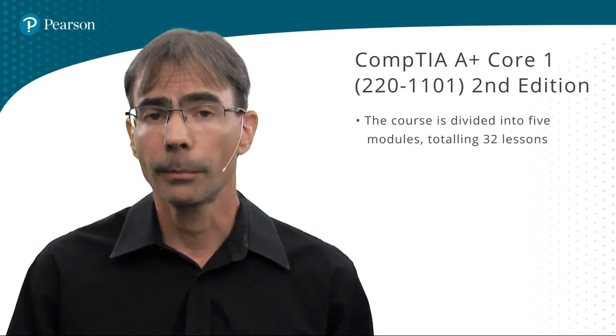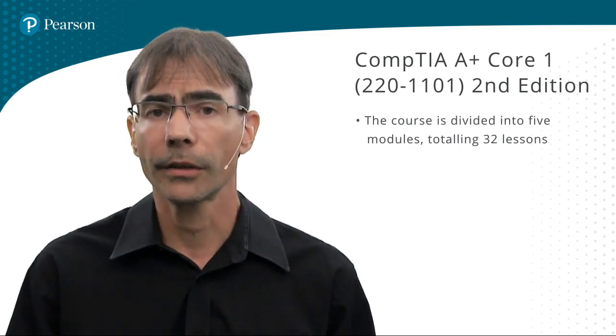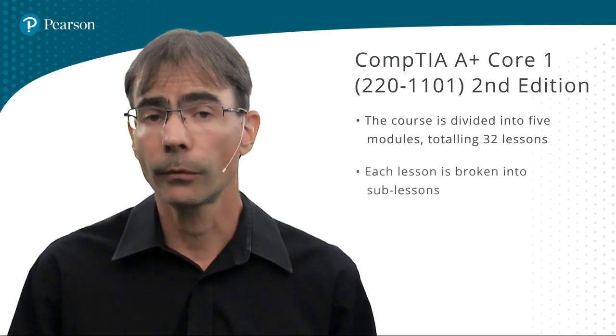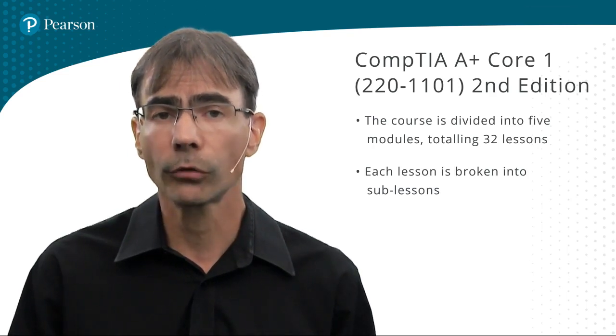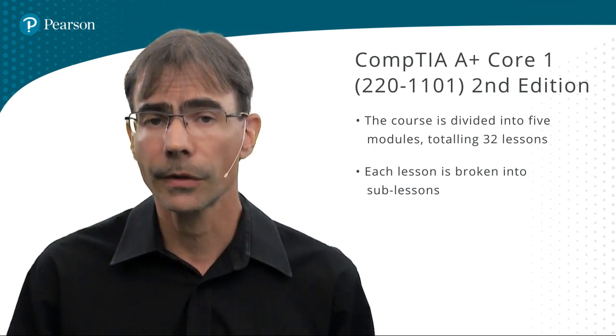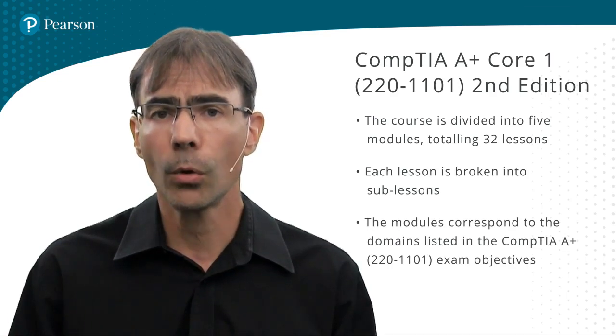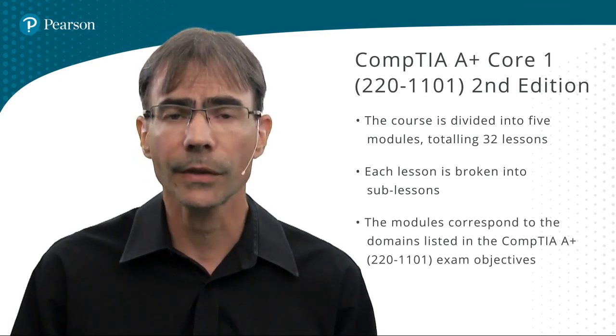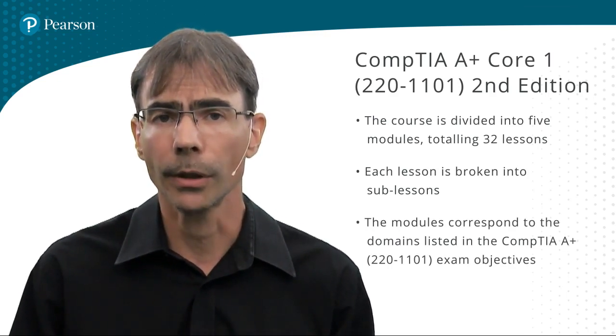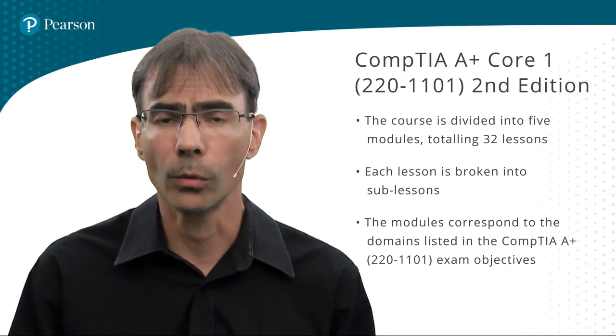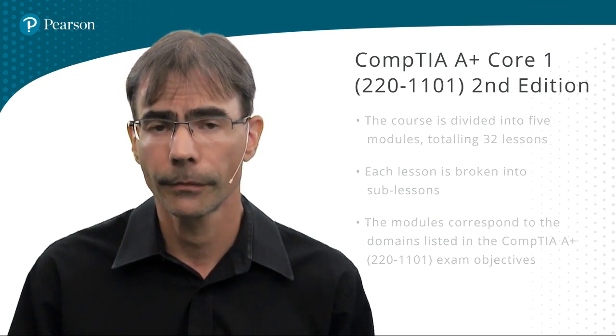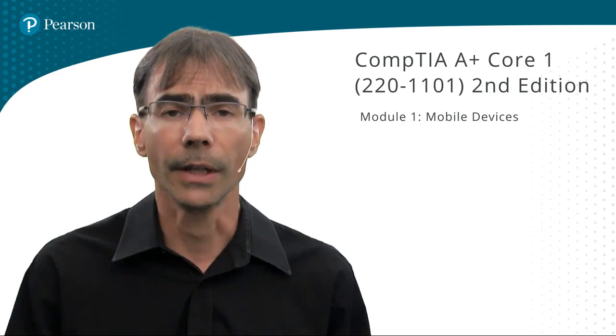This course is divided up into 5 modules, totaling 32 lessons in all, each of which are broken down into several more manageable sub-lessons. The 5 modules correspond to the domains listed in the CompTIA A+ 220-1101 exam objectives. Module 1 is mobile devices.